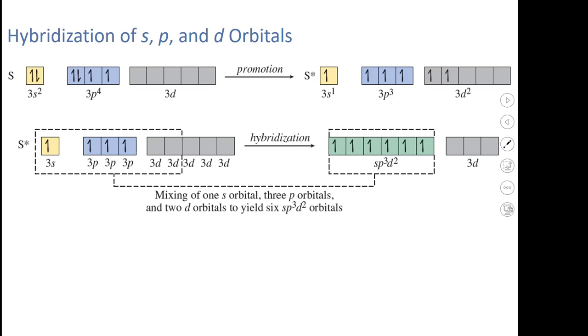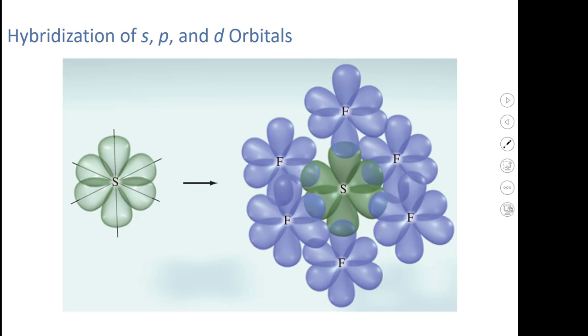So I would have 6 orbitals go in. I have an s, 3 p's, and I would take 2 d's for the last 2. So sp3d squared. That is the last kind of hybrid orbital we have. So let's summarize them all in a table that you can use to keep track of these. Again, I'm not going to expect you to look at these pictures and go, oh, that's sp3d, although those are very pretty pictures.